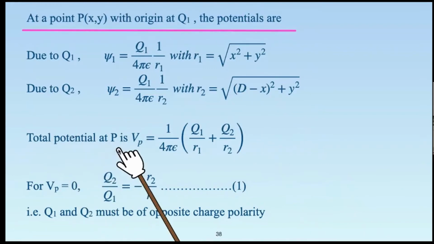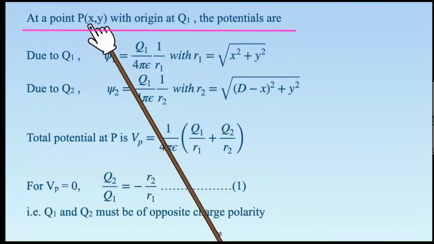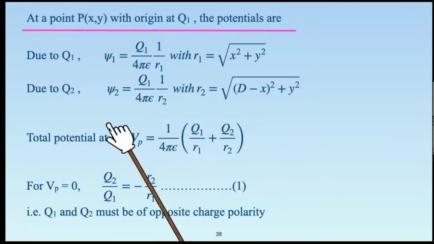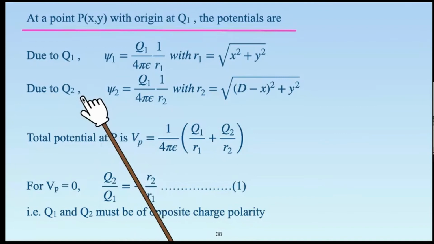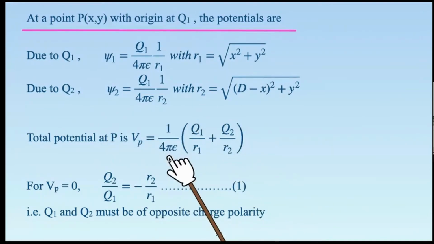Then the total potential at point P due to both the charges. Remember, point P is not the point where a source charge is located. Point P is any general point, and we want to find the total potential at point P. There are two source charges, Q1 and Q2, so together they will apply a net potential.